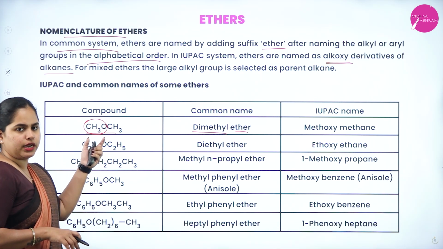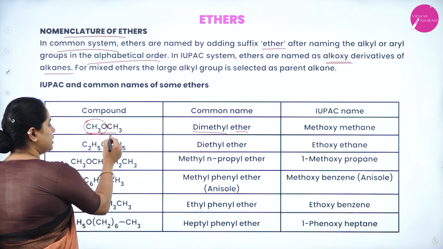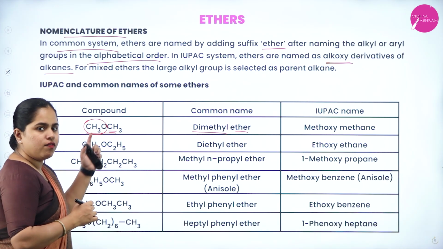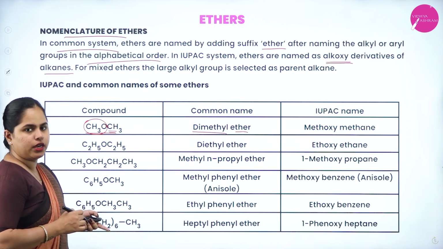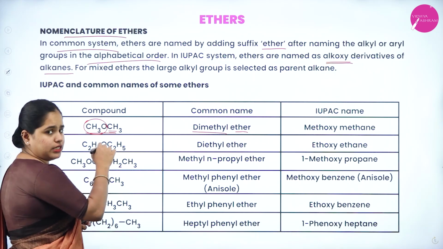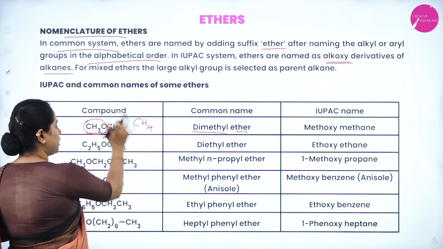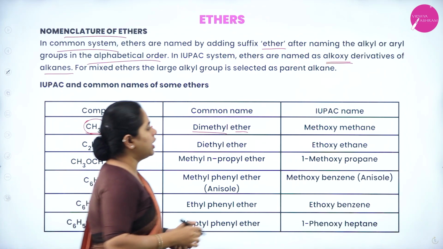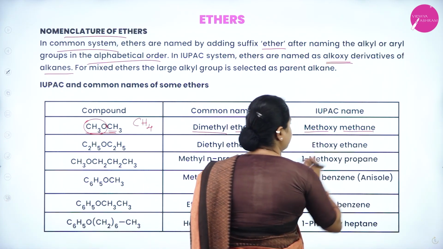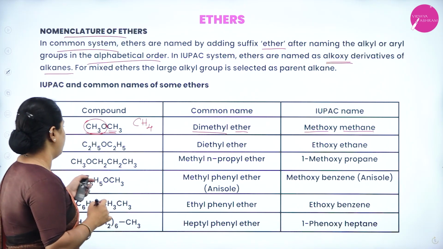Specifically, this is methoxy, and this is your hydrocarbon. This ether has been derived from CH4, methane, the hydrocarbon from which one hydrogen atom is replaced by an alkoxy group. So the name will be methoxymethane. Methoxymethane. Moving on to the next one.